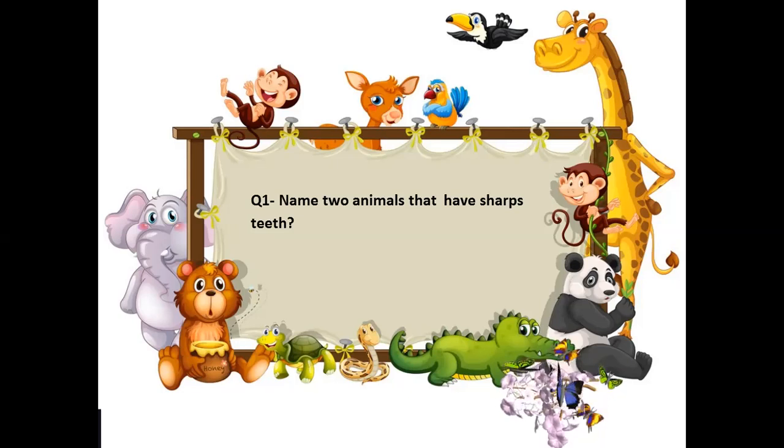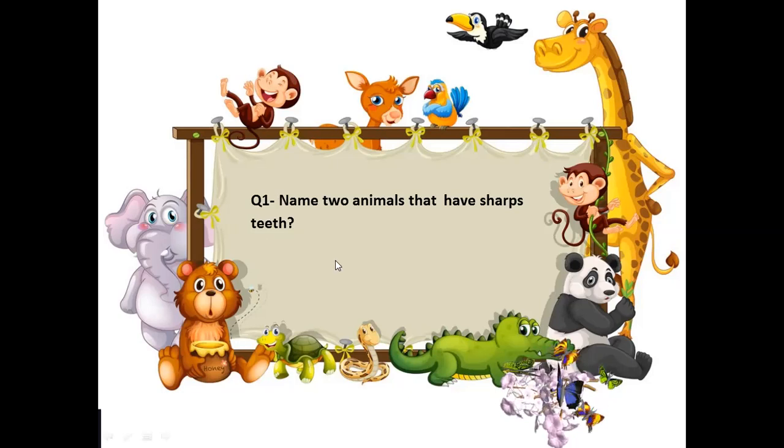We also learned about the teeth of animals. Meat eaters have long, sharp, pointy teeth, while plant eaters have big, flat teeth. Omnivorous animals have both kinds of teeth. These are the main points we learned in this chapter.